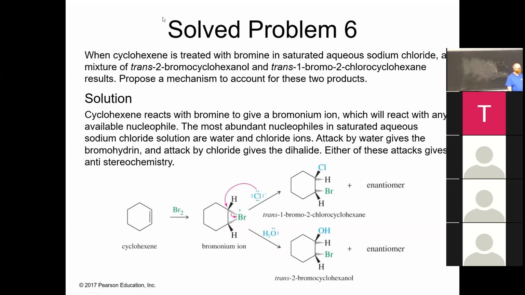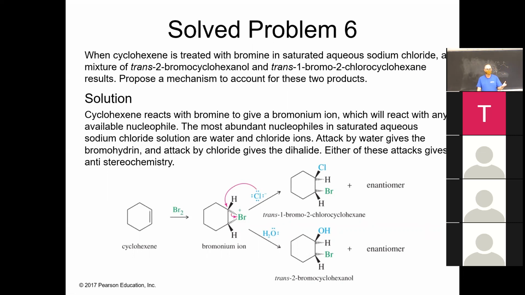While when cyclohexene is treated with bromine and saturated aqueous sodium chloride, a mixture of trans-2-bromocyclohexanol and trans-1-bromo-2-chlorocyclohexane results. In this case, it's not just water.